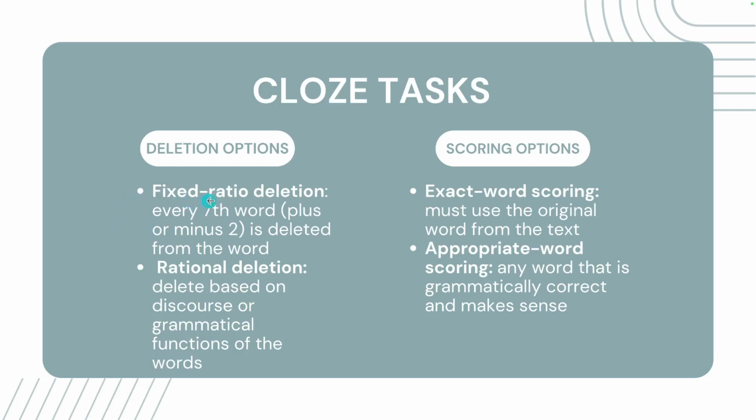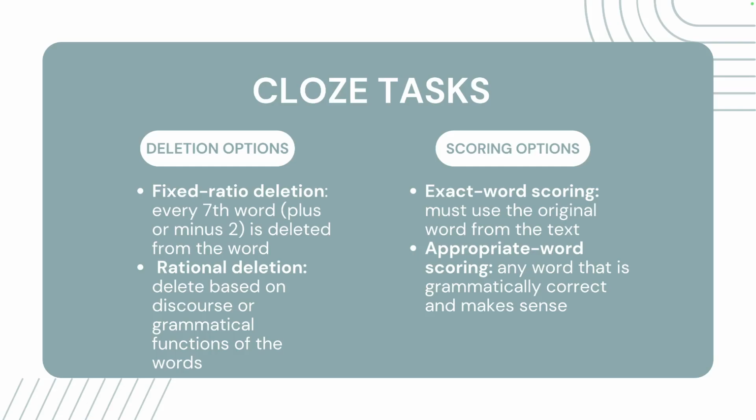Or if you don't want to do fixed ratio because maybe it's too hard for your students, or you want to focus on some specific area of reading, then you can do rational deletion. So in this case, it would be deleted based on discourse or grammatical functions of the word. So this is why interactive can still be focused on the form, because you can actually delete the words that you want to focus on.